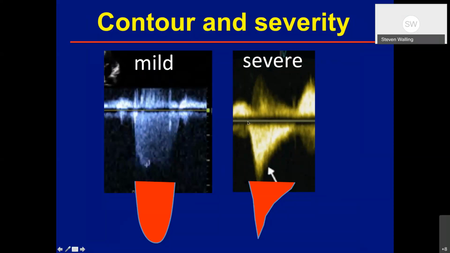But when you see such a sharp contour with a very short acceleration time, you know this is a big opening, and the pressure is equilibrated very quickly. So that's what you look at, just the contour of the jet, to know how bad the valve area is. It applies the same for the aortic valve, the mitral valve, and also the tricuspid valve.